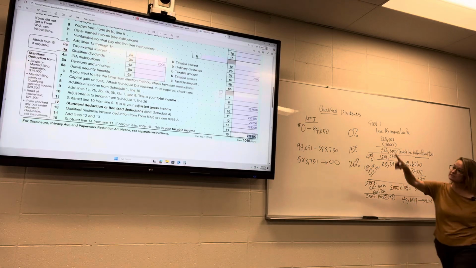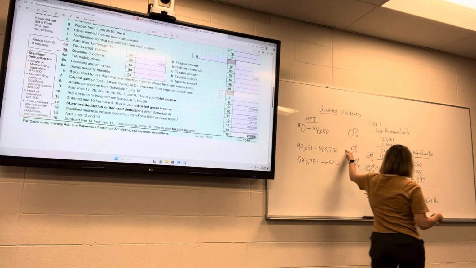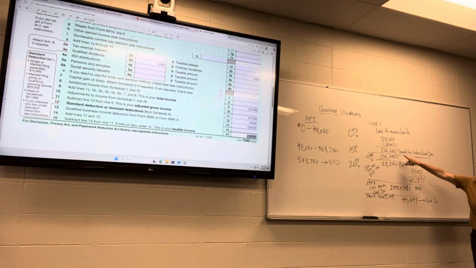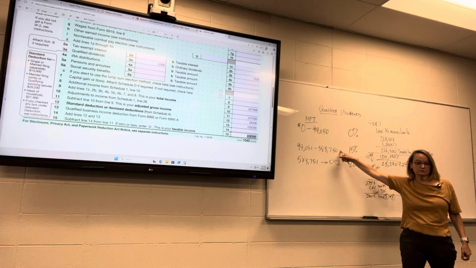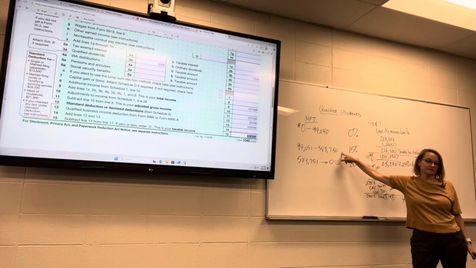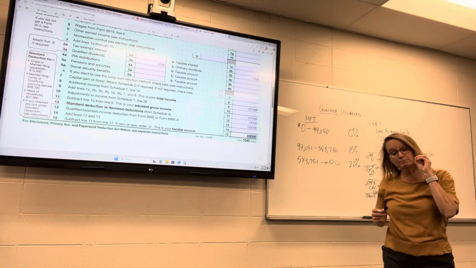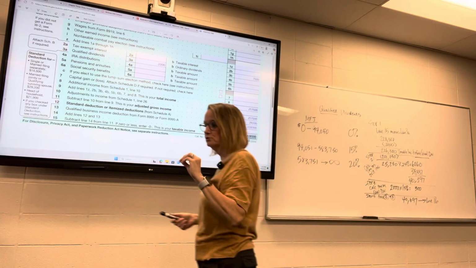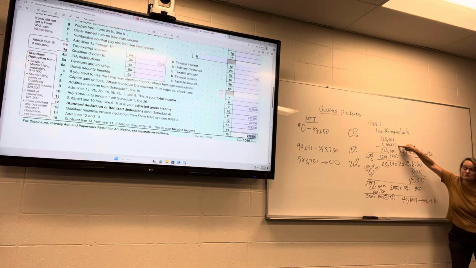And then we're going to take those dividends and apply the appropriate tax rate based on this number. Whatever this number is, that's the tax rate we're going to use. For most of your problems, it's either going to be 0 or 15%. But the biggest issue that students run into here is they forget to do this part right here.